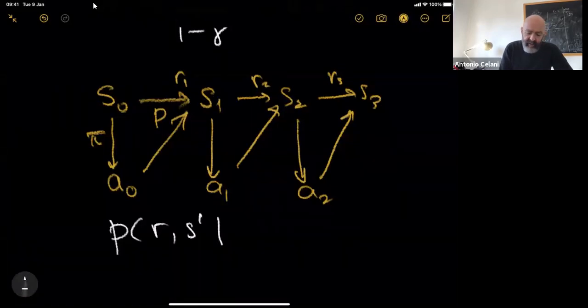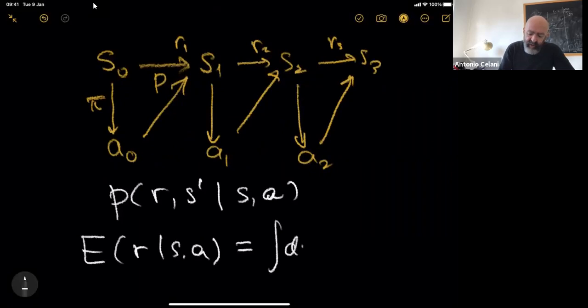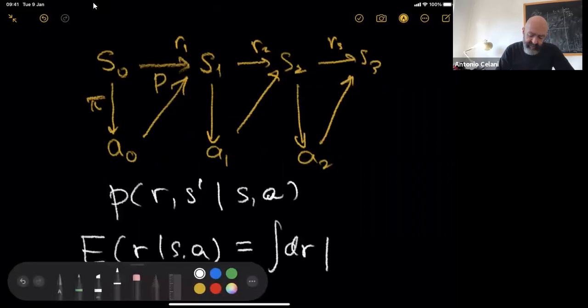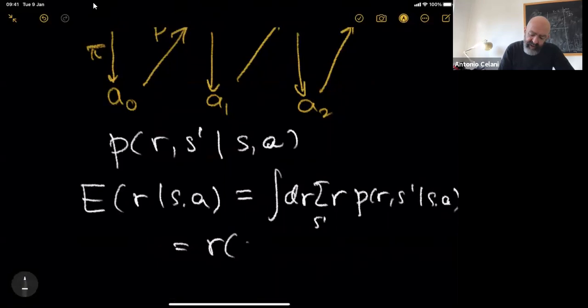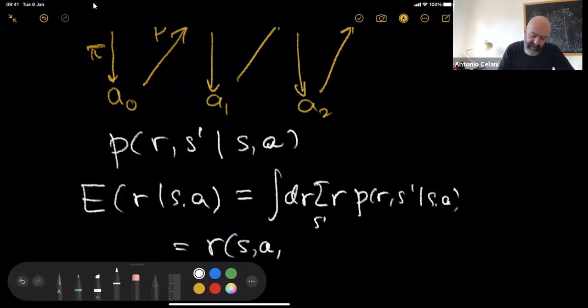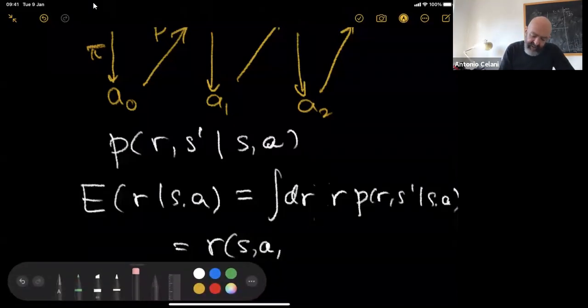So actually, this is a probability density with respect to R. What we will do tomorrow is introduce an object which is the expected value of R given S and A, which is the integral over all possible R's of R times P of R, S prime given S, A, summed over S prime, which we will also define with a slight abuse of notation as R of S, A. Just a second, I don't want to mess up the notation now. So let's put this aside.